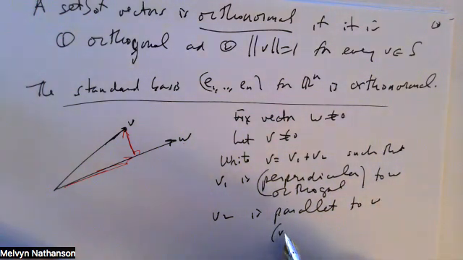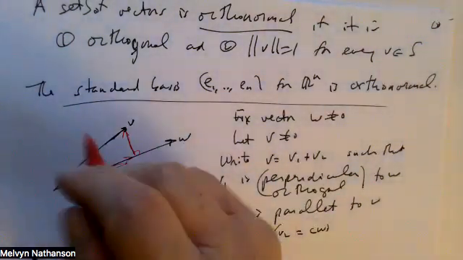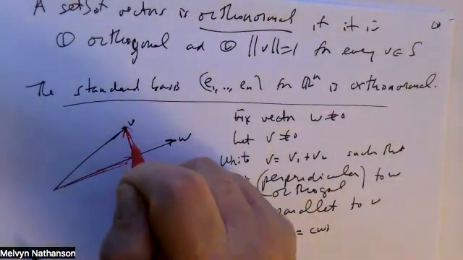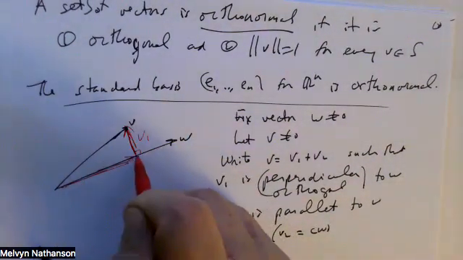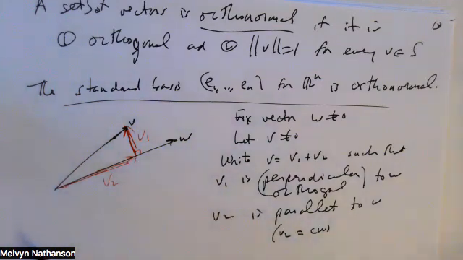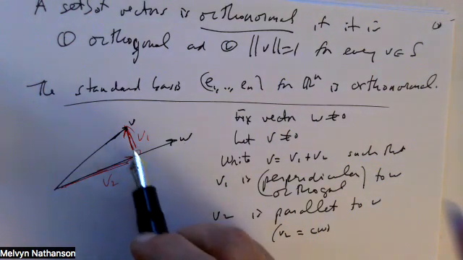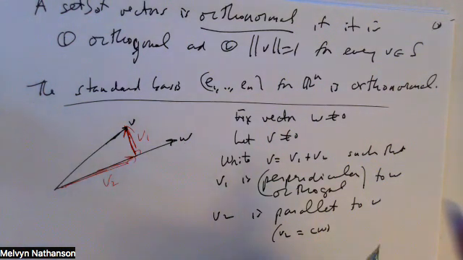Parallel means it is some constant times w. So here, this vector could be v1, and this vector would be v2, where one is perpendicular to w and the other is parallel. And we can use the inner product to compute v1 and v2.